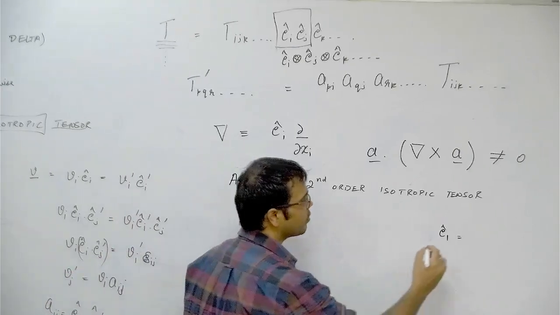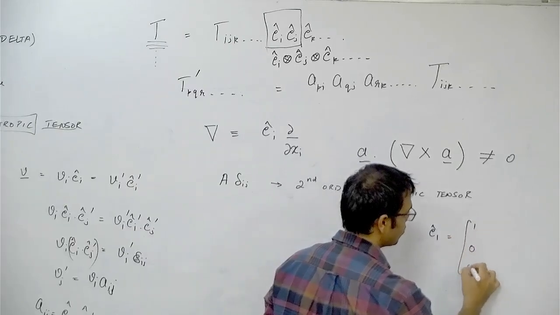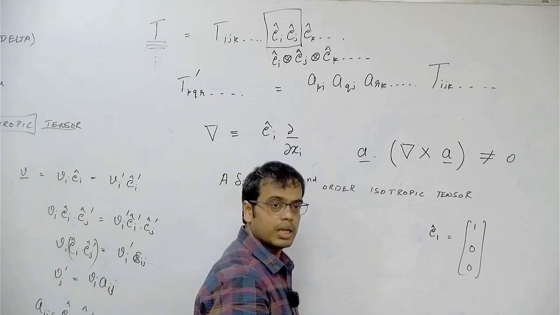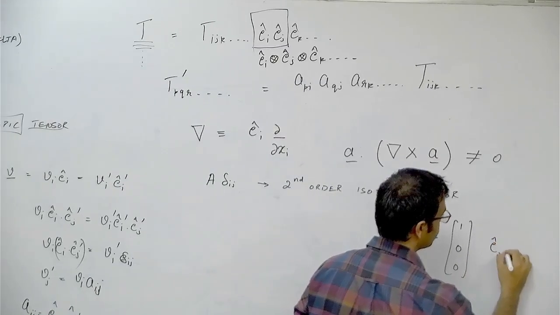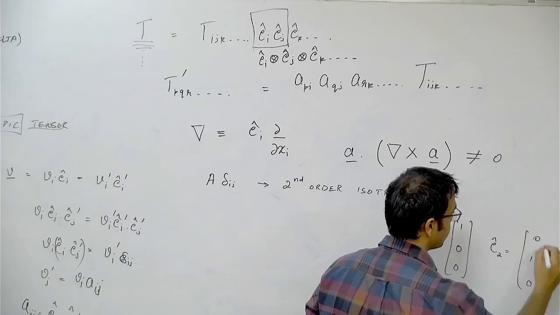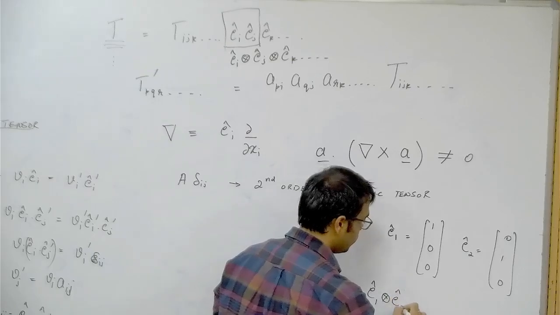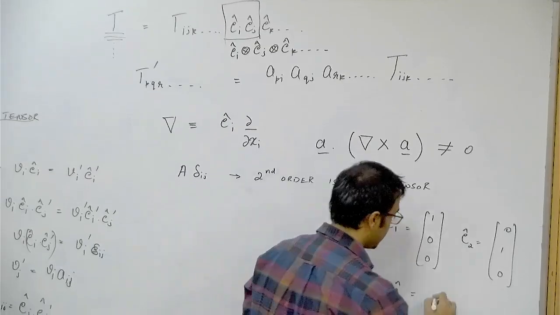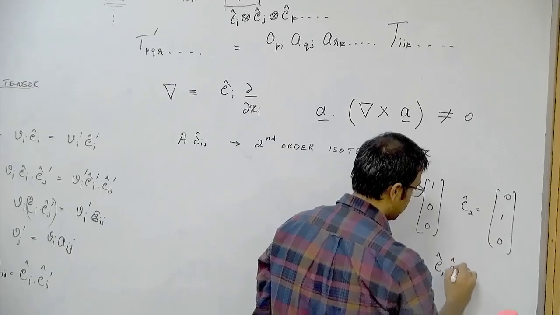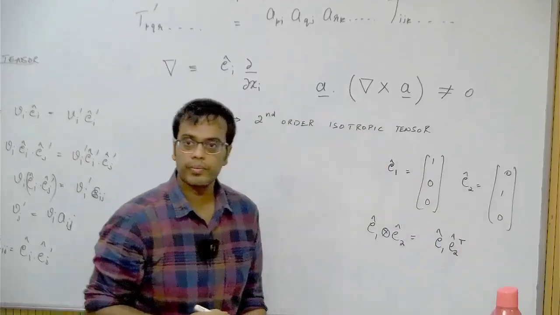Okay. So e hat 1 in that case is going to be 1 0 0. Let us look at e hat 2, which is going to be 0 1 0. Then e1 tensor e2 is defined as e hat 1 e hat 2 transpose.